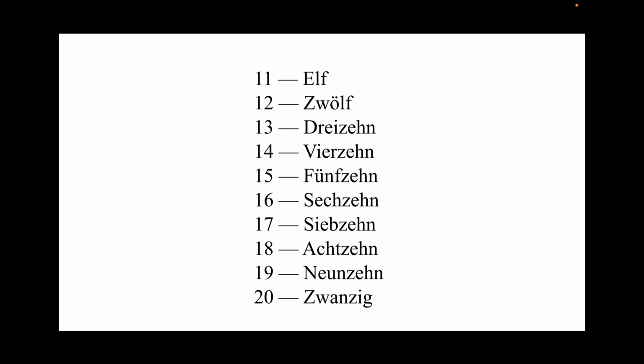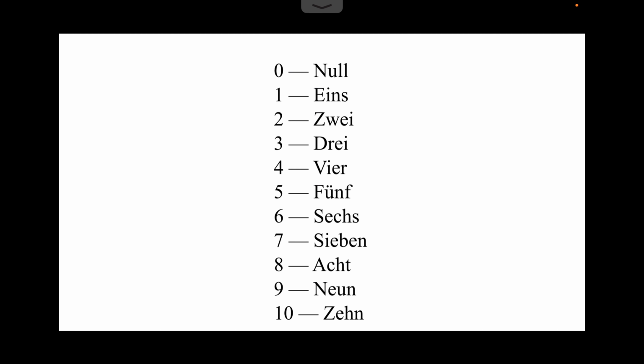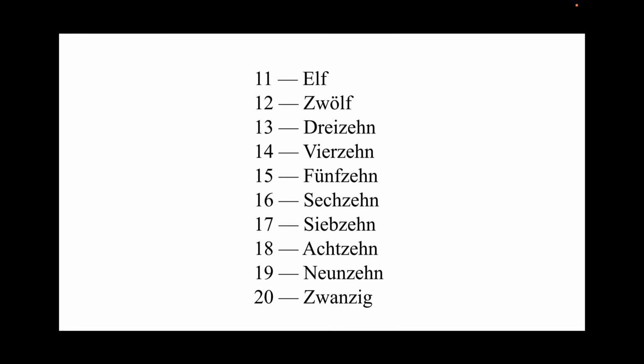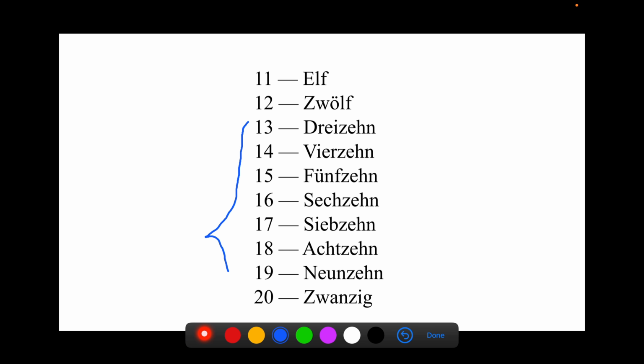So if you noticed, just a second. Sorry for the interruptions, guys. So what I was talking about was, did you notice something similar from 13 to 19? Because I did. As you can see here, these numbers are always spelled with a very similar pattern.